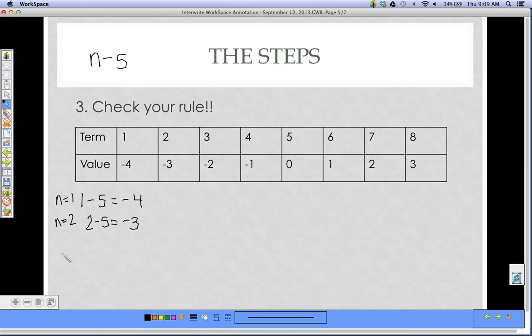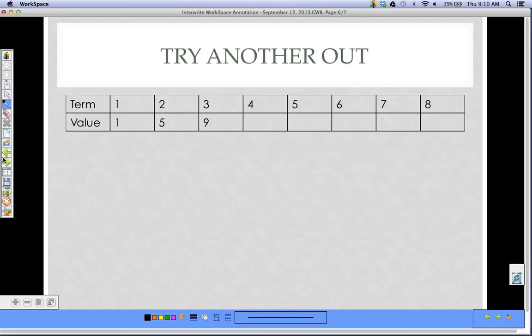So we're good. What about when n equals 8? Well, 8 minus 5 gives us 3. Okay, so our rule is good. So always make sure to double check. Sometimes it'll work for the first 2 or 3 terms, but towards the end it doesn't. Always check.